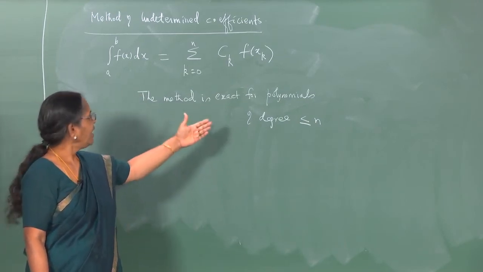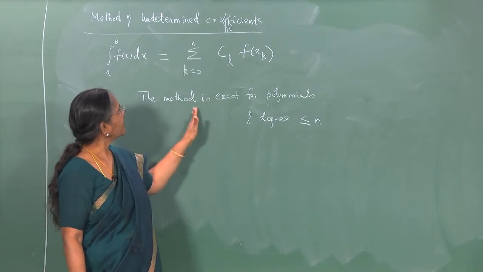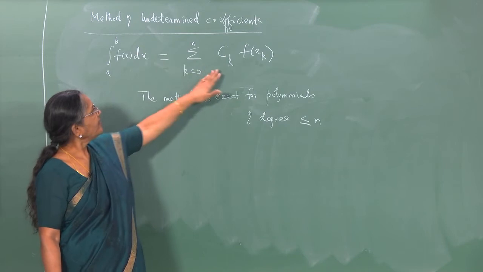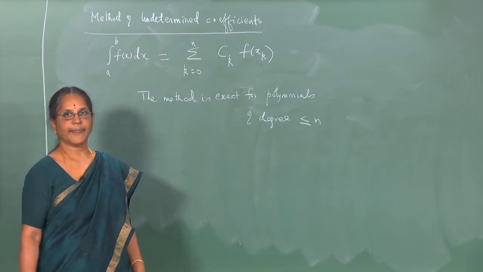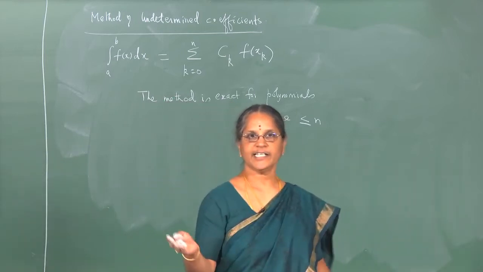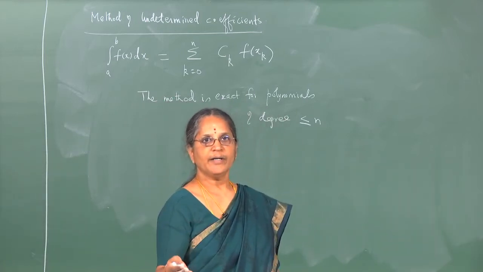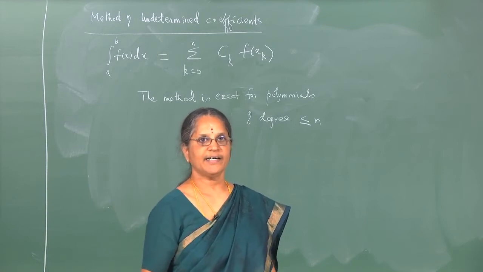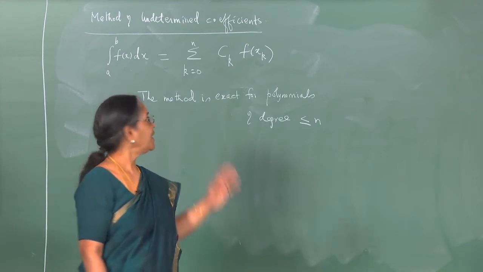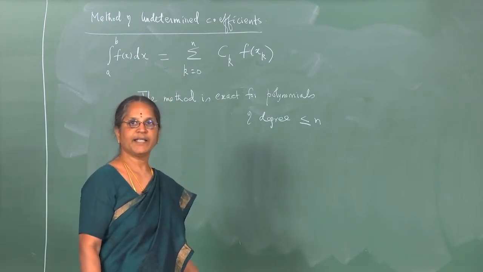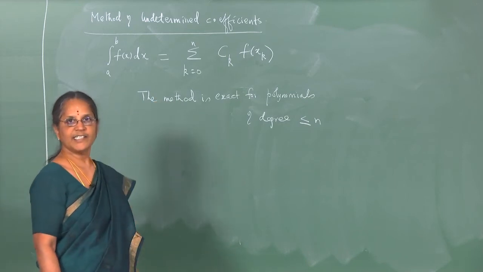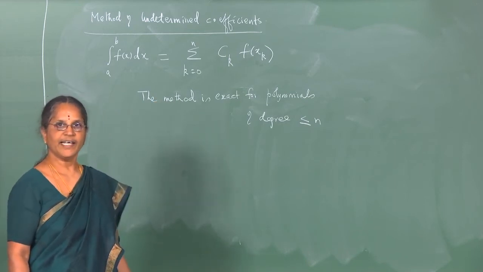So, you will have n plus 1 conditions coming from here. When you use those conditions, you will be able to determine the constants c k. So, since you determine the coefficients in the integration method which are unknown by requiring that the method is exact for polynomials of degree less than or equal to n, the method derives its name that it is a method of undetermined coefficients.